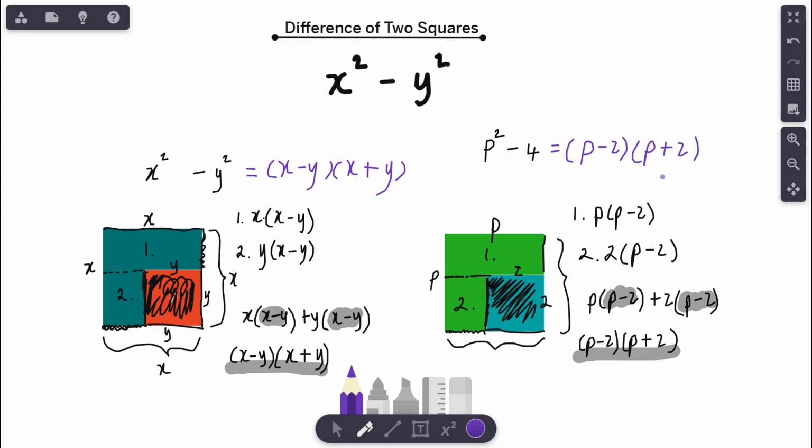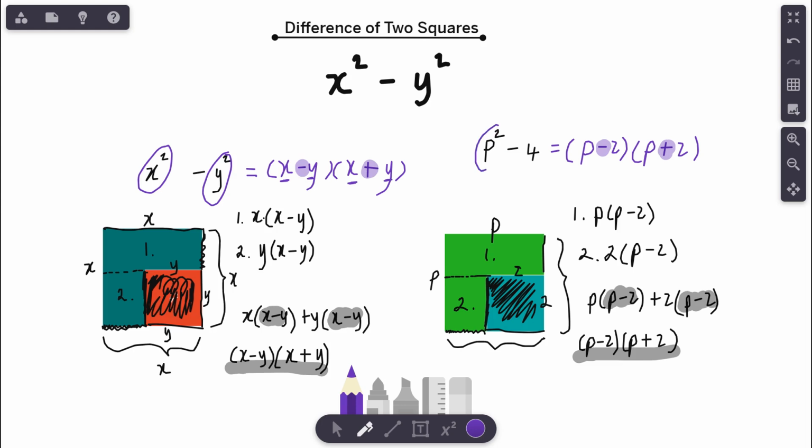Now note, just like we saw with the first one, the brackets are basically identical. It's just the signs that are different. So can you see that there we had x squared, and it just ended up being x and x. And there we got y squared, and just y, and then plus and minus.